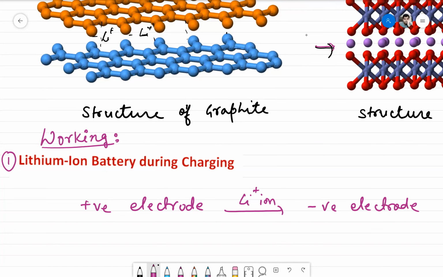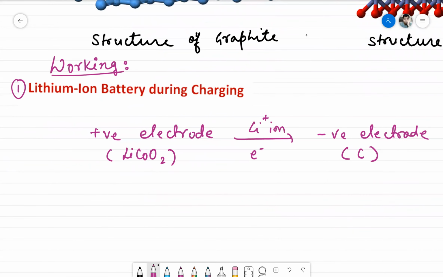The positive electrode is our lithium cobalt oxide, and the negative electrode is the graphite compound, denoted by carbon. Not only lithium ions move, electrons also flow from the positive electrode to the negative electrode, and at the negative electrode, lithium ions and electrons combine with the graphite layers, intercalated in the graphite layer.